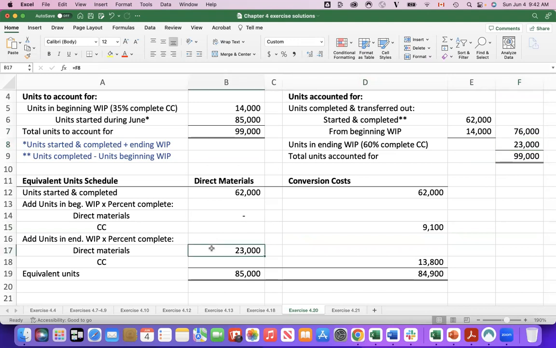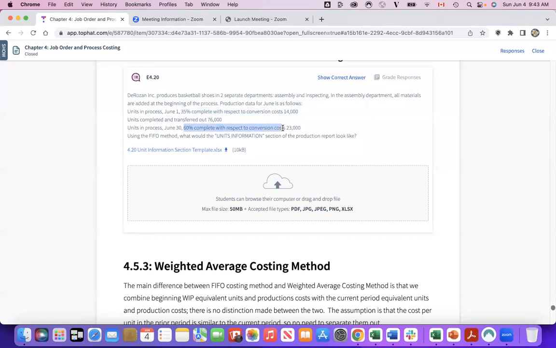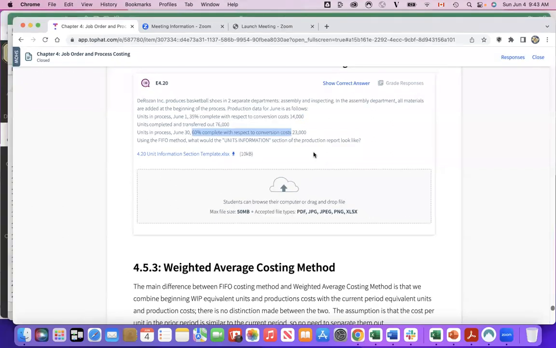That same effort, I could fully complete 23,000 units as far as their direct material costs because they've received all of their direct material costs in the month of June. So its equivalent units measure is 23,000. So for direct materials, its total equivalent units for the month of June is 62,000 plus the 23,000 in ending work in process.